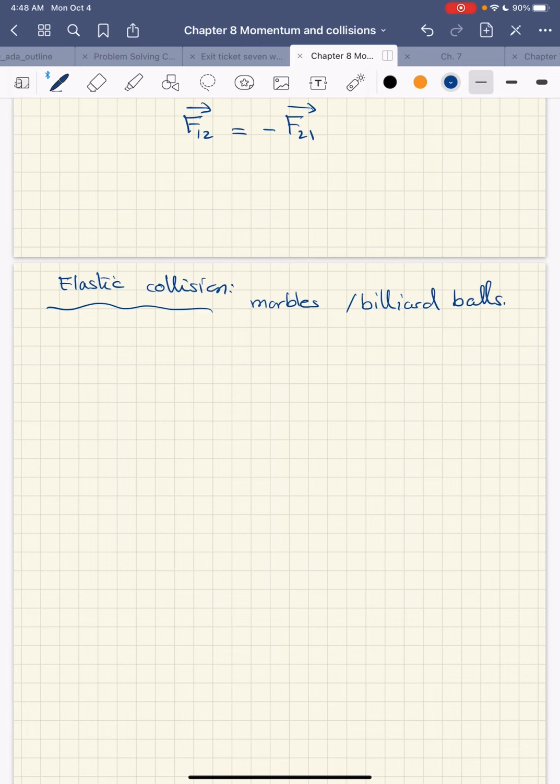Okay, and here I will say momentum is conserved in all types of collisions.